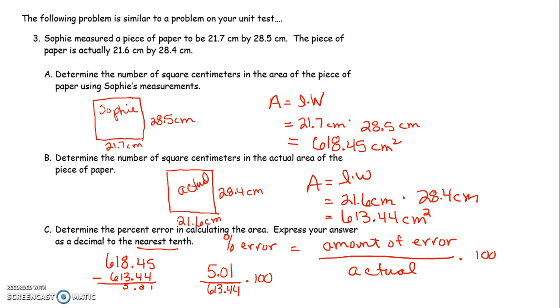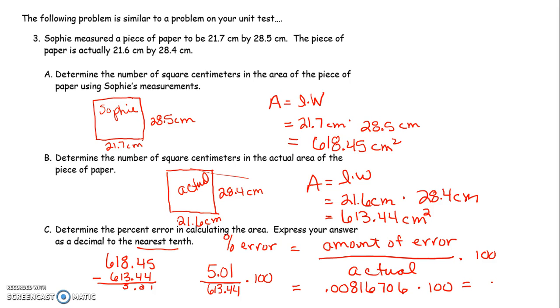So let's take a look on our calculators. 5.01 divided by 613.44 is a crazy decimal, of course. 0.0081676 times 100 to convert that to a percent.